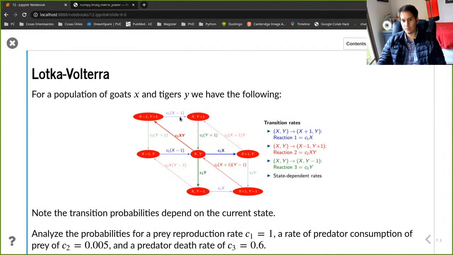And as you can see here, we can have cycles. And that's why in the Lotka-Volterra equations we had cycles as well. If you already solved the homework 5, you have already seen that the number of prey and predators are basically periodic, and that's explained by this kind of cycle that you can have here in the Markov representation of the problem.